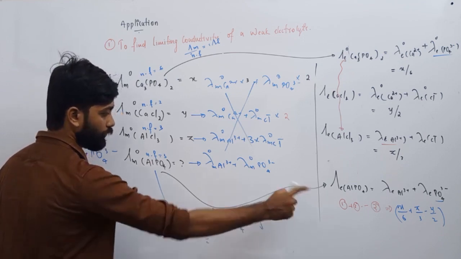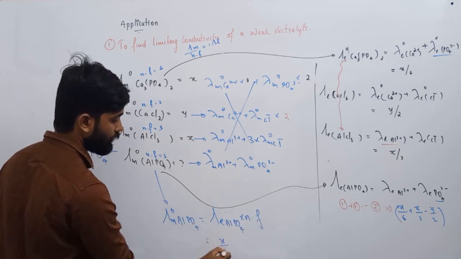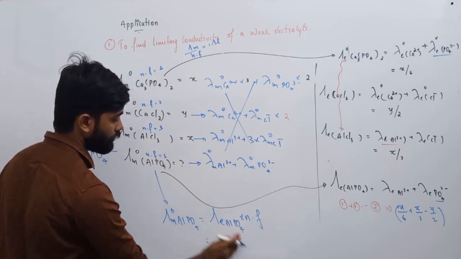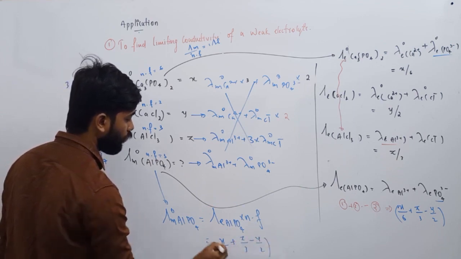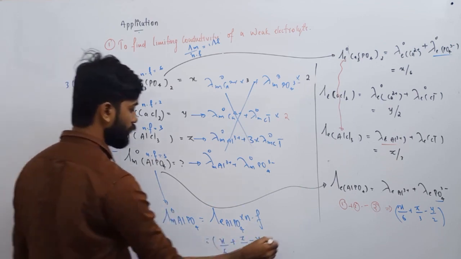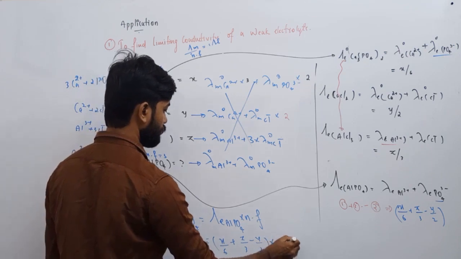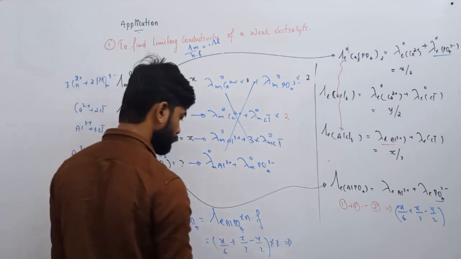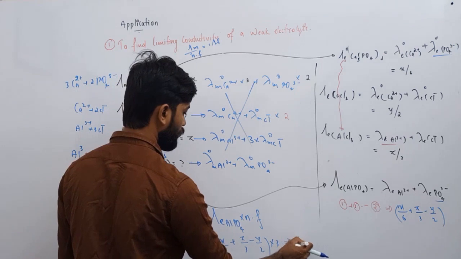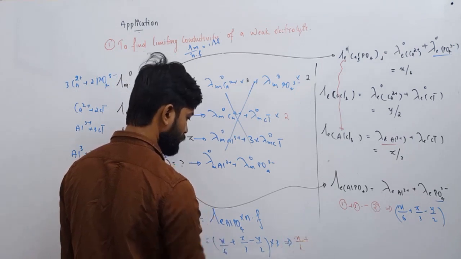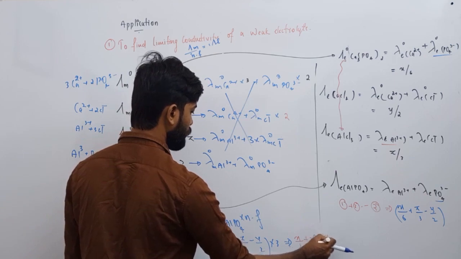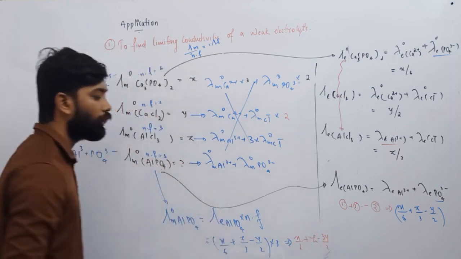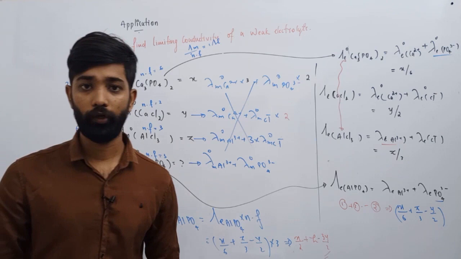What is its equivalent conductivity? x by 6 plus z by 3 minus y by 2, all times n factor. What is n factor? It is 3. So x by 2 plus z minus 3y by 2. This will be the molar conductivity of that particular salt, right?